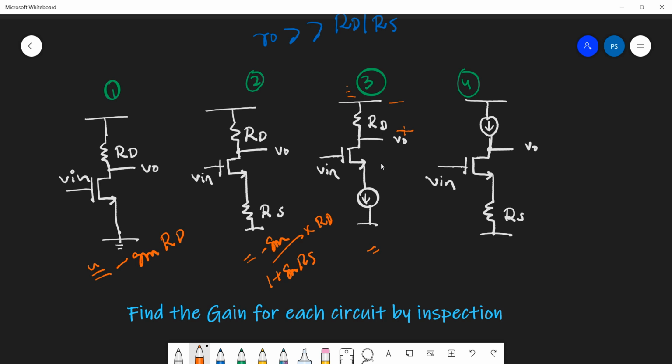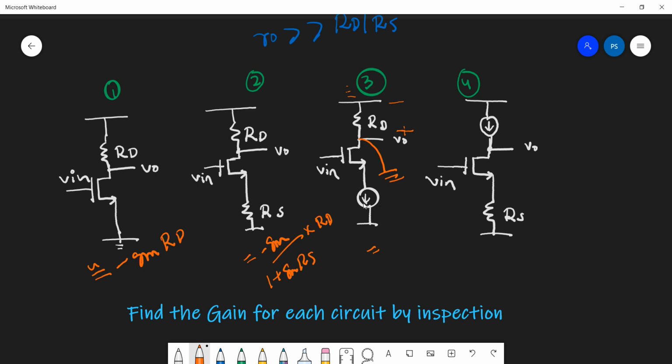Also, looking downwards it is a parallel resistance, but let's say the resistance looking downward is very high, so I just consider RD here. So irrespective of any changes you make here, the voltage is fixed. It acts like a fixed DC. This node becomes a small signal AC ground, because the node voltage is fixed by this current.